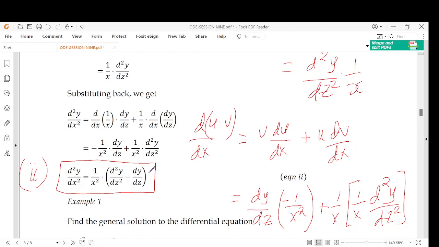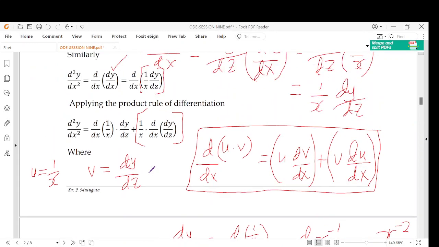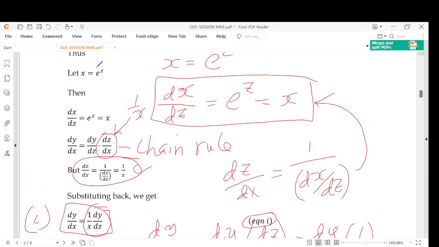Now, by substituting in our equation x equals e raised to the power z, because this is the transformation that we shall be using, the first derivative becomes this expression here.